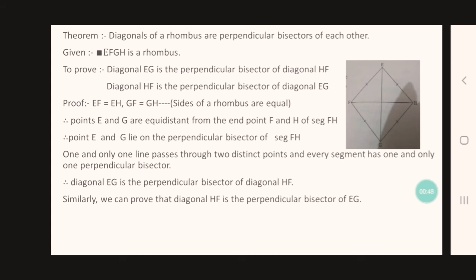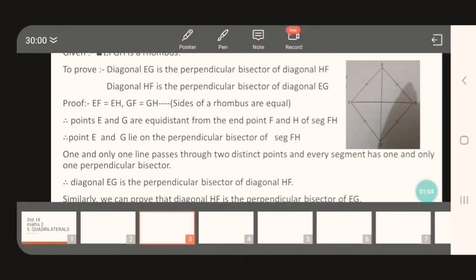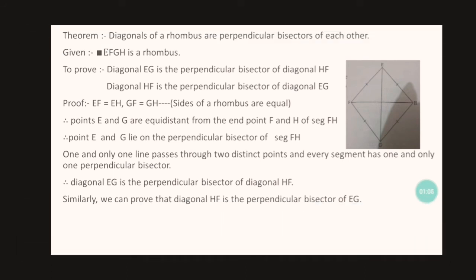So E and G are equidistant from the end points F and H of line segment FH. Why? Because the sides are equal.